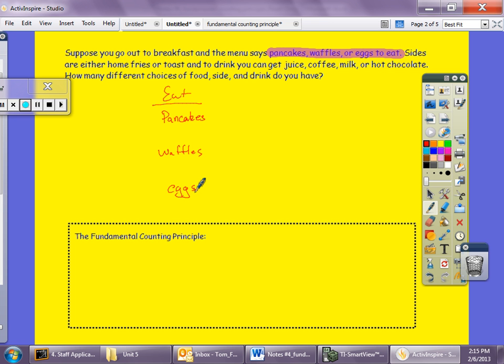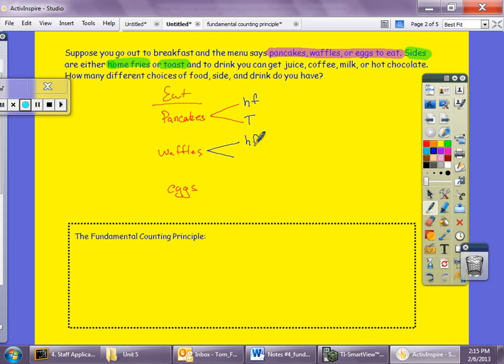The next thing is it gives us a choice of sides. So my sides, I can either have home fries or toast. So if I choose pancakes, then I have a choice of either home fries, which I'll abbreviate as HF, or I can get toast as T. But if I wanted waffles, I can do the same thing here.